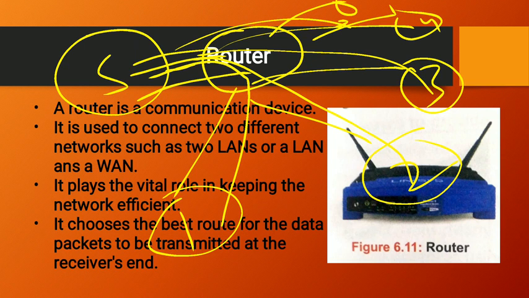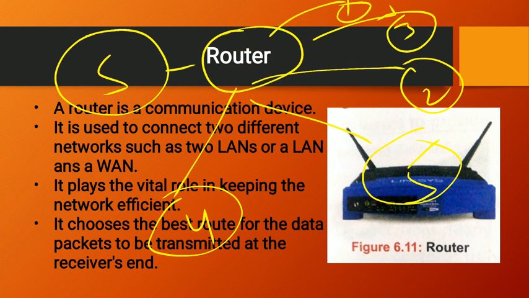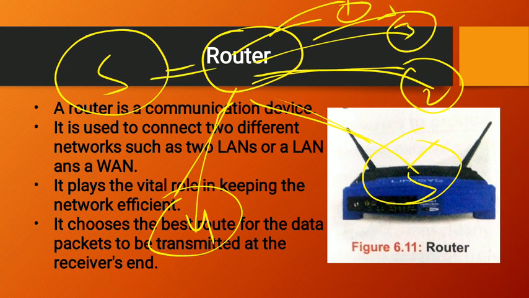Suppose now let me make another diagram for this. I just have changed the numbers of the computers. Okay, here 4, 5, 2, 3, 1. So let us see. Computer number 2 is asking for data from here, 1 is from here, 4 from here and 5 from here, and the server is sending. So the router will find out the route to transfer the data fast and efficiently.